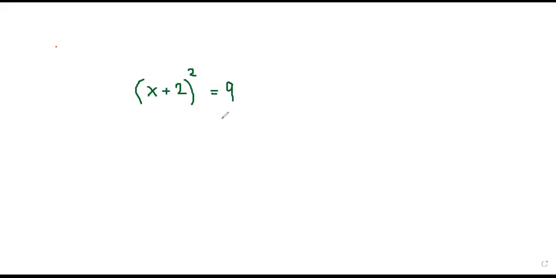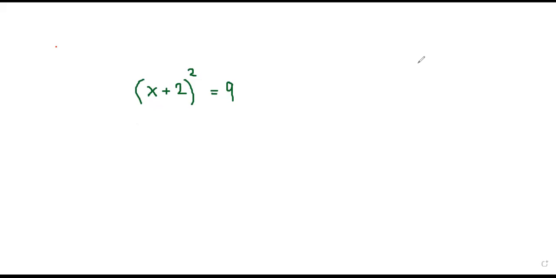How will we solve this question? Who will start? We're going to take the square root of 9. Yes, square root of 9. And also we will find the square root of (x plus 2).